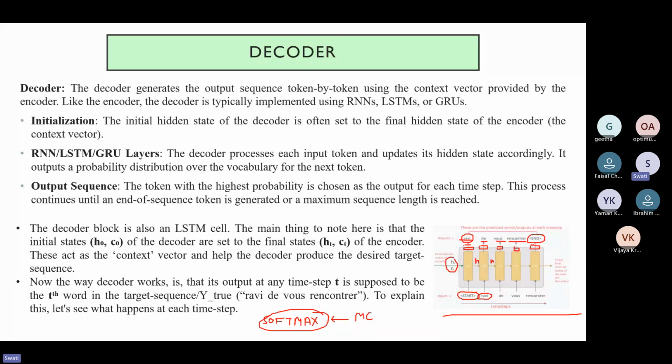So you have to remember three things here. First, it will take the input from the encoder.